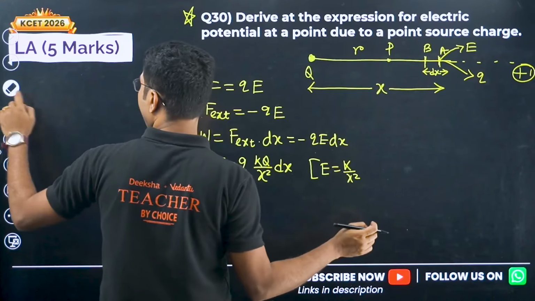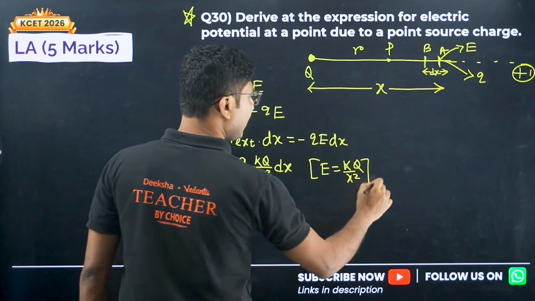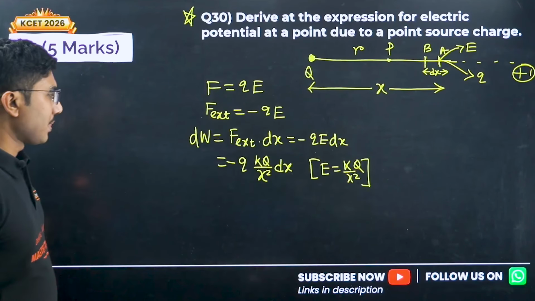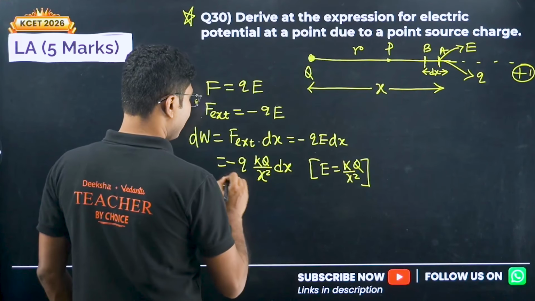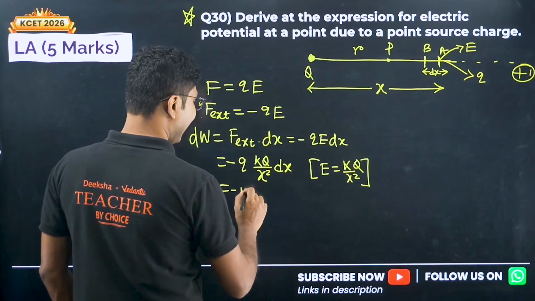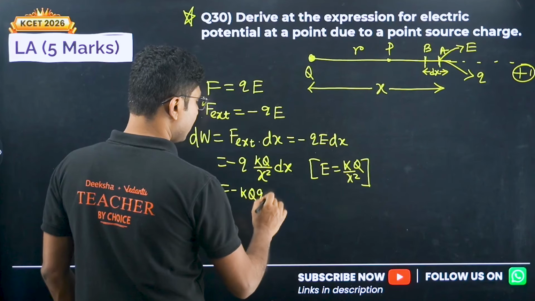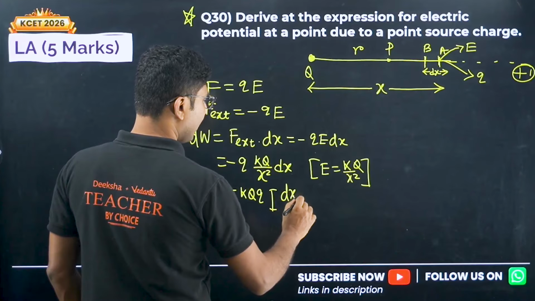Here we are assuming the original charge is capital Q, that's why we have used capital Q here. Now we have to calculate the total work done. Obviously K, capital Q, small q are constants, and what we have is dx upon x square.